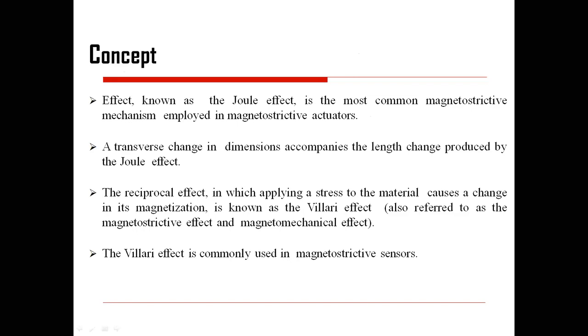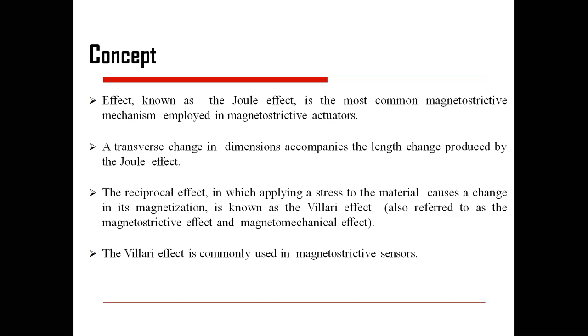So what is this concept of the magnetostrictive transducer, or what is this effect? Actually, this effect is called Joule's effect. Why is this so? Because Joule is the scientist who discovered this effect. The most common magnetostrictive approach is used in the magnetostrictive actuator.